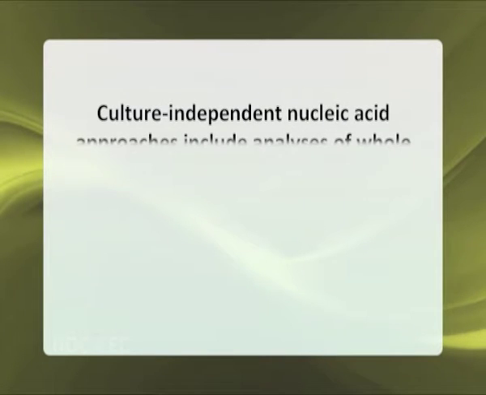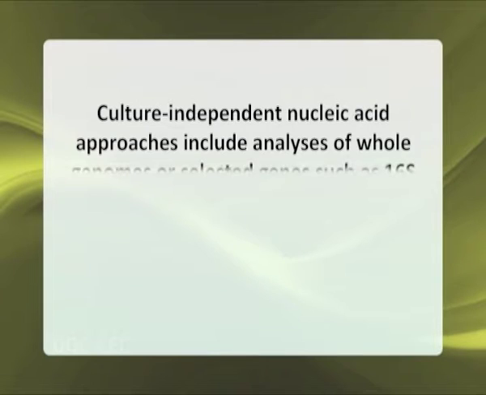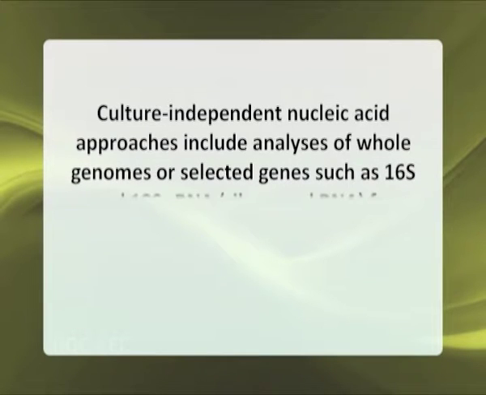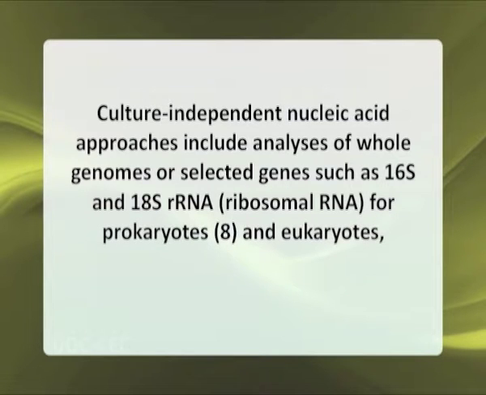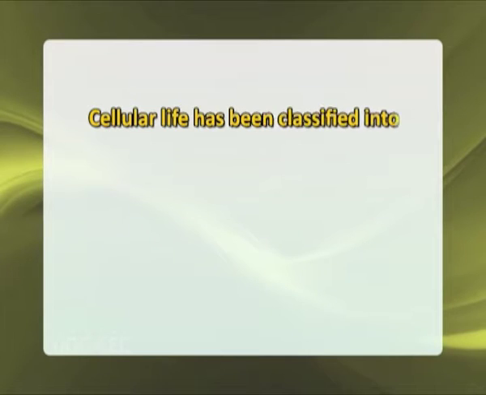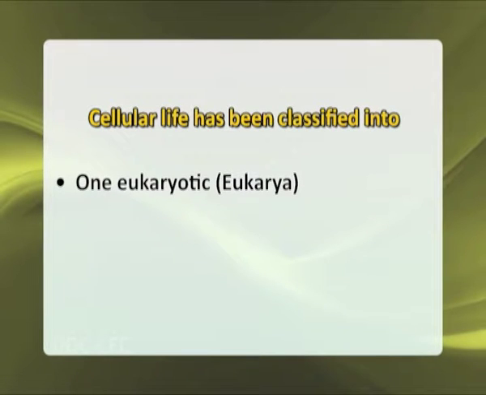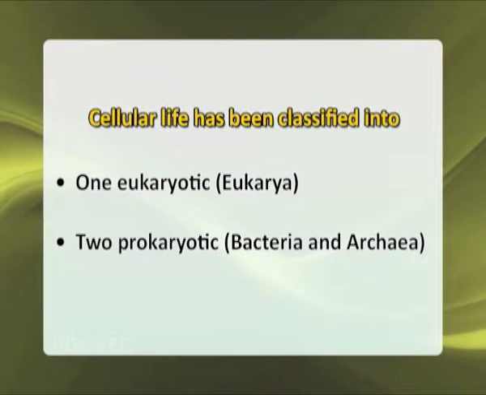Culture-independent nucleic acid approaches include analysis of whole genomes or selected genes such as 16S and 18S rRNA, ribosomal RNA, for prokaryotes and eukaryotes respectively. Based on the comparative analysis of these rRNA signatures, cellular life has been classified into 3 primary domains, one eukaryotic, that is eukarya, and 2 prokaryotic, that is bacteria and archaea.